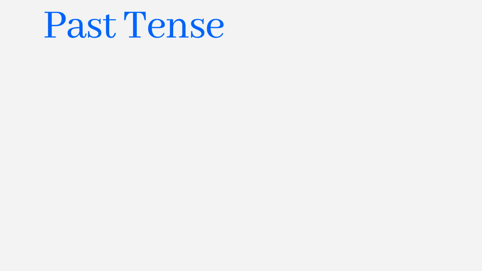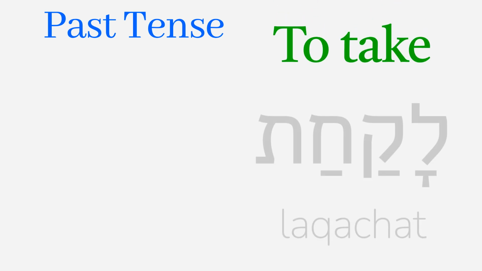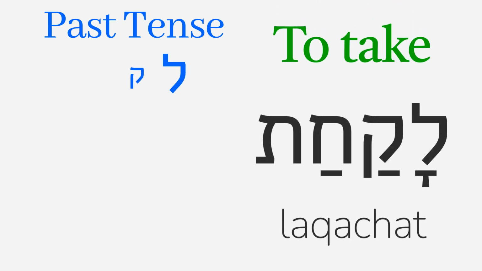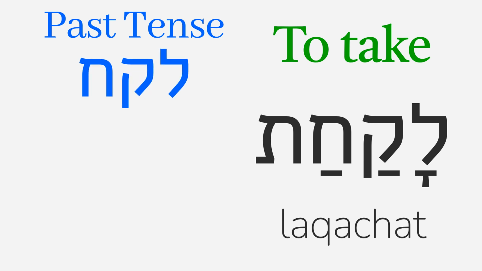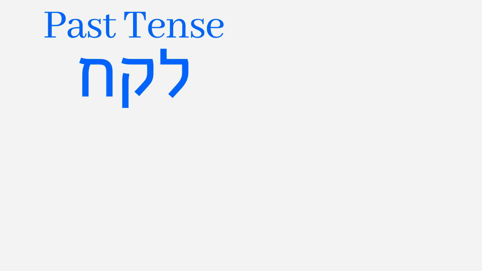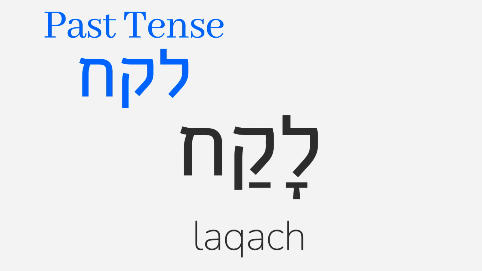Let's practice the past tense a little more by making all 9 forms of the past tense of the verb to take, which in Hebrew is lakachat, from the root lamed kuf chet. Remember, the infinitive lakachat is irregular. We'll have the basic hu form, lakach, with just a kamatz and patach added to the root.